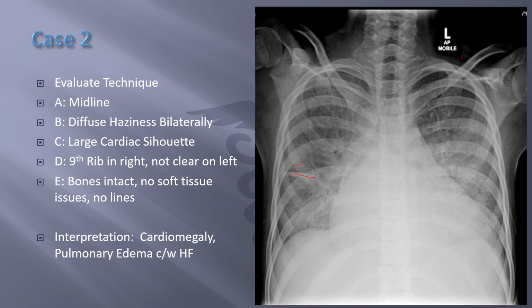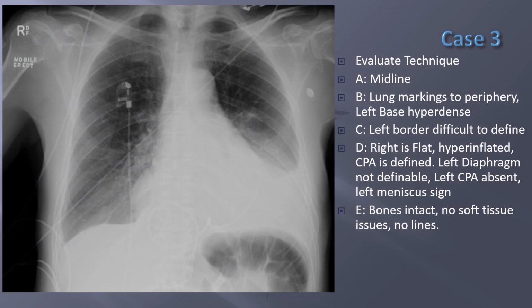Got these little streaky types, and they're usually in the bases. I think there's a little one here. So this is consistent with volume overload. So this patient would benefit from something like a diuretic.